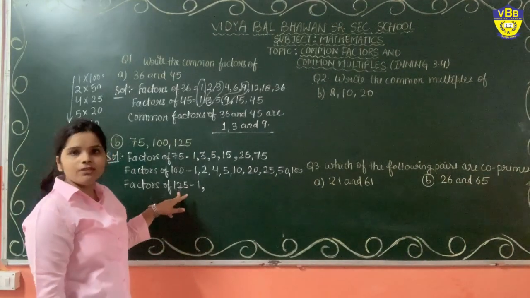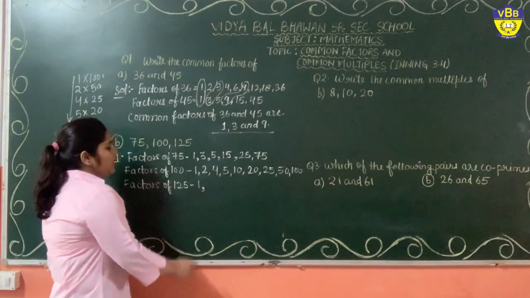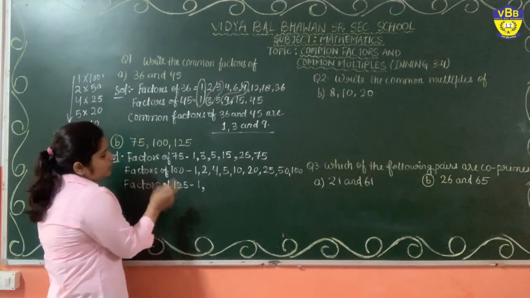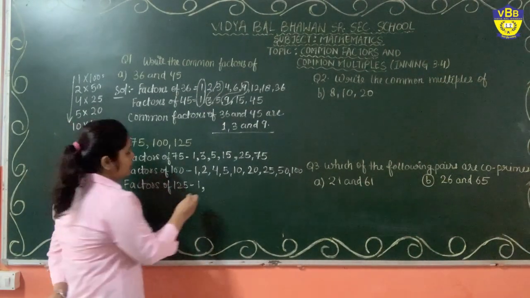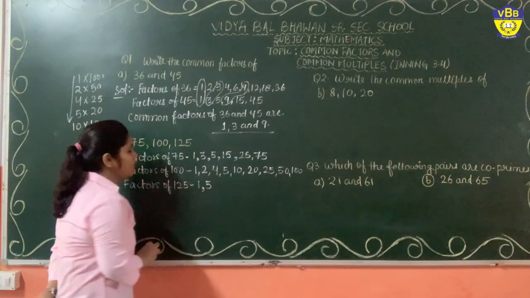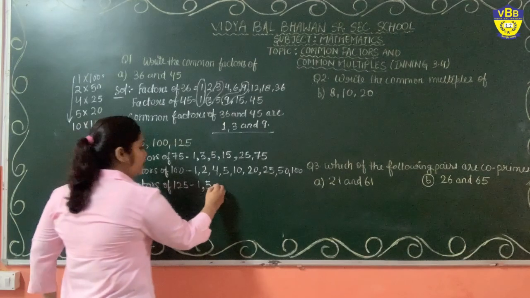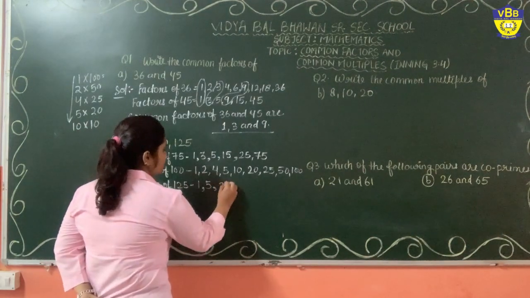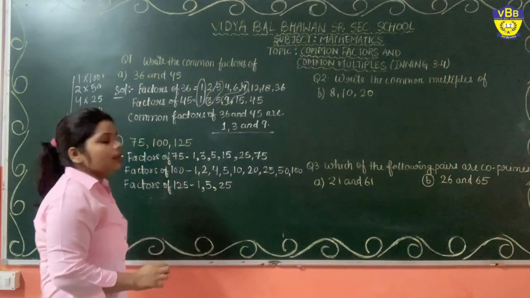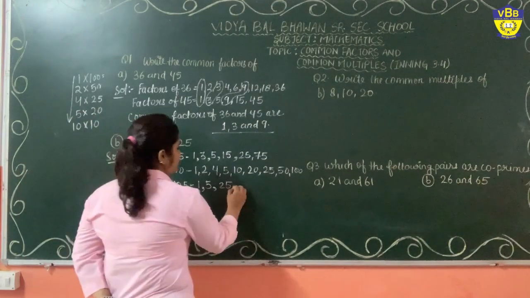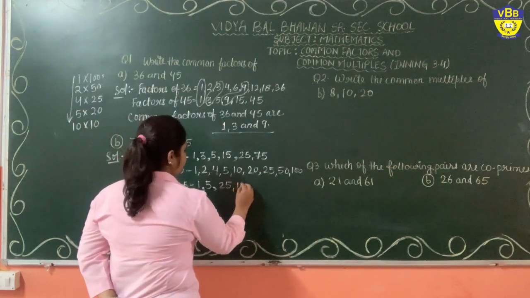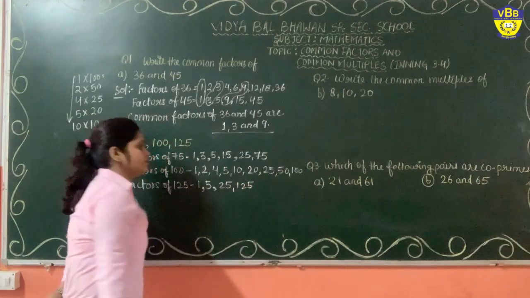So 125 is not divisible by 3. It does not come in the table of 4. It directly comes in the table of 5. After that 5, it comes in the table of 25 directly. You can check. It comes in the table of 25 directly and after that 125.